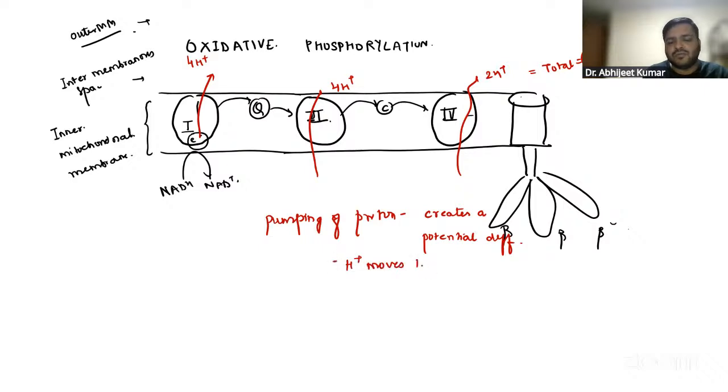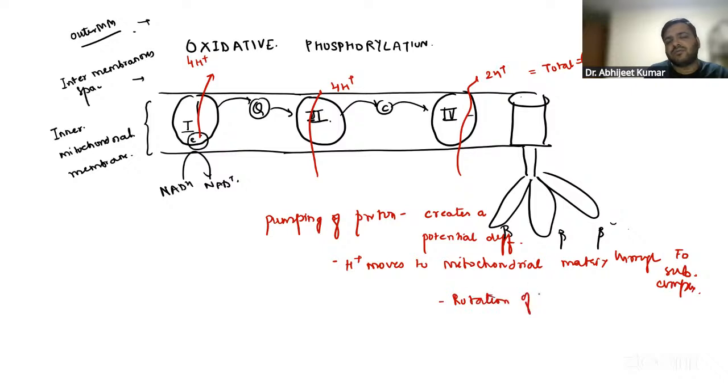Hydrogen moves to the mitochondrial matrix through the F0 subcomplex, and then there is rotation of the gamma subunit. Now this is something called phosphorylation.